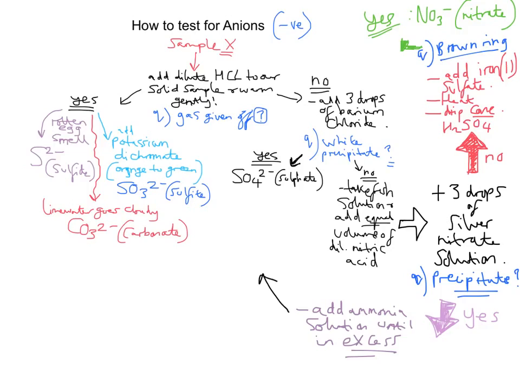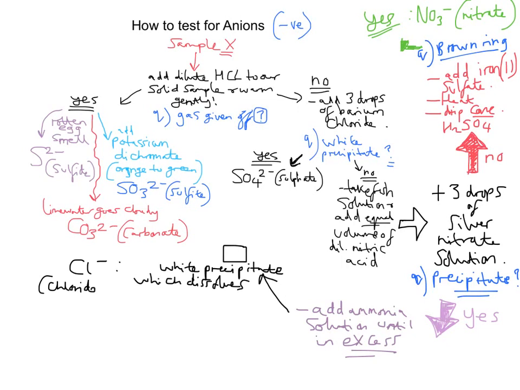So if we get a white, I'll colour this in, a white precipitate, which dissolves, then essentially what we've identified is Cl-, and that's the chloride anion.